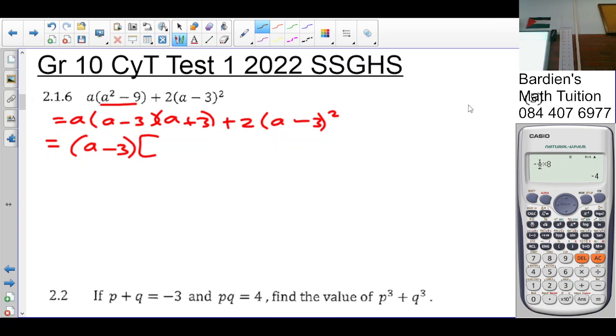If I take this a minus 3 out, what am I left with? A into a plus 3. That is factorization of common bracket. We've done this. Okay. Plus, one of the 2 is going to be taken out, so we left with the other. 2 into a minus 3. You all agree with that? That is your common bracket factorization.